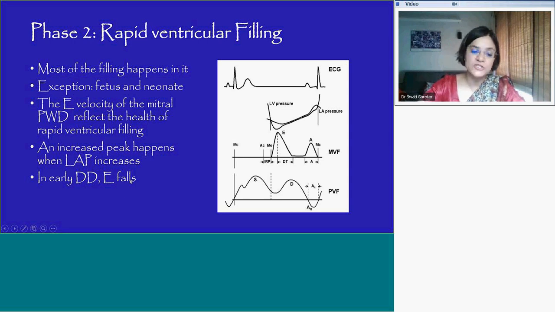However, in diastolic dysfunction, when the pressure is not high, the pressure gradient between the left atrium and the ventricle decreases, so the peak E velocity falls. Now E is taller than A because there's more filling happening in E versus A. The ratio of E by A is usually more than 1, but in diastolic dysfunction it is less than 1, usually 0.8.